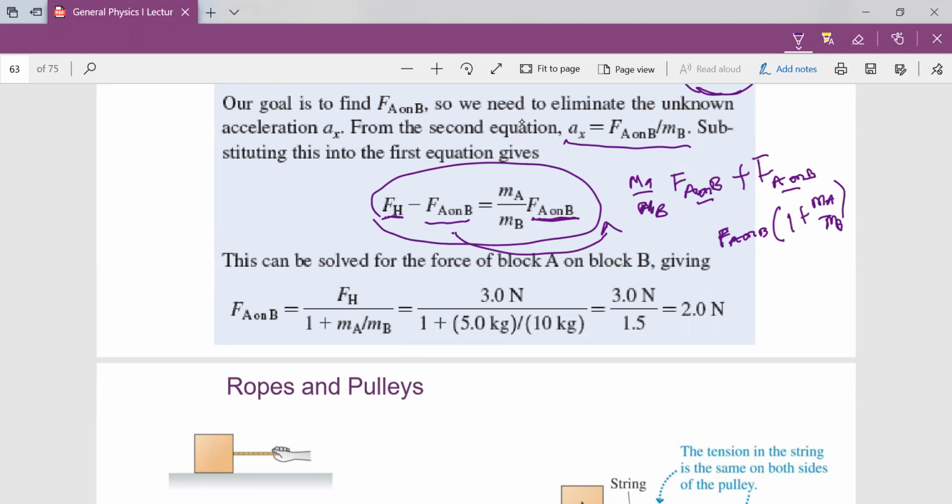If you open the bracket, you also get the same thing here. We did this because we want to make this the subject of formula. After separating this, we have to divide both sides by this coefficient. So that is how we got this equation here.